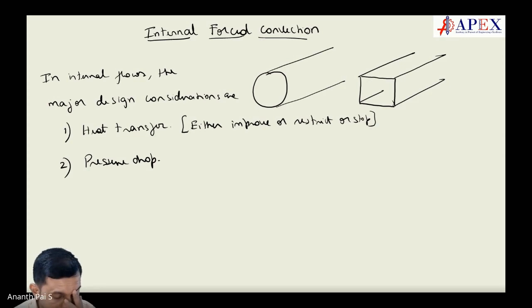For example, in milk processing, the milk is heated up. Then before packaging, it has to be cooled. So they use something called plate heat exchangers. These plate heat exchangers are also used in distilleries.